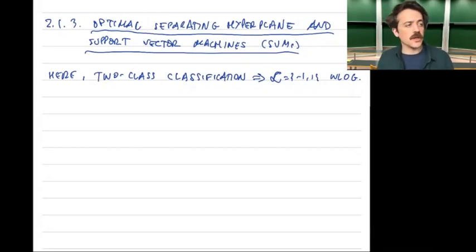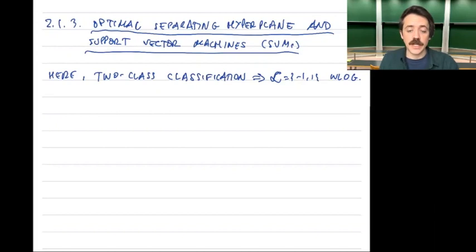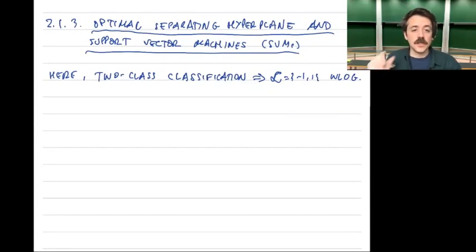Or you could take a class and compare it to another class, and as soon as that class is chosen, you change and compare to other classes, thereby decreasing the number of comparisons you have to do. So there are several options here, but for now, let's focus on two-class classification. So let's make an observation.